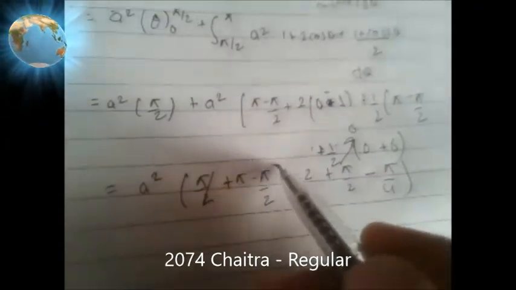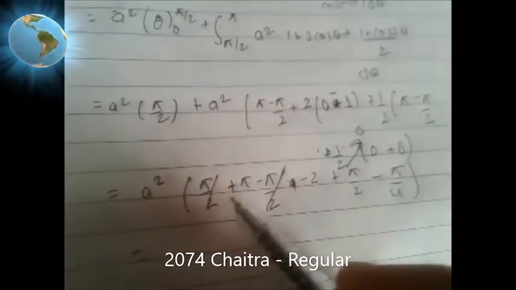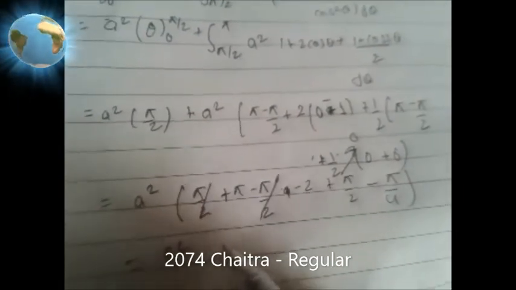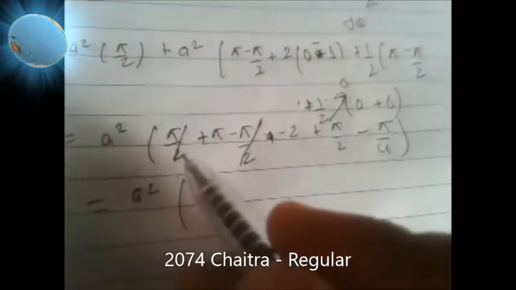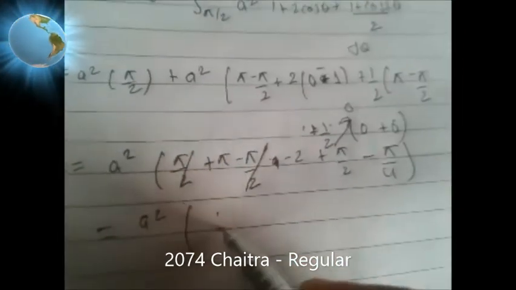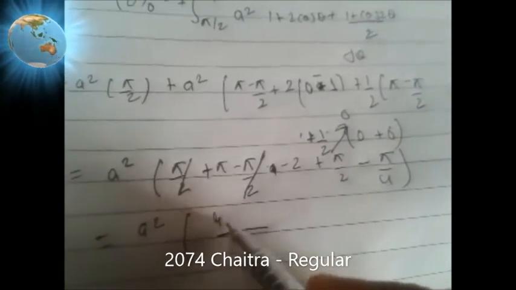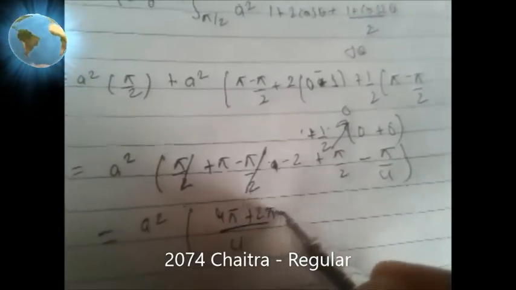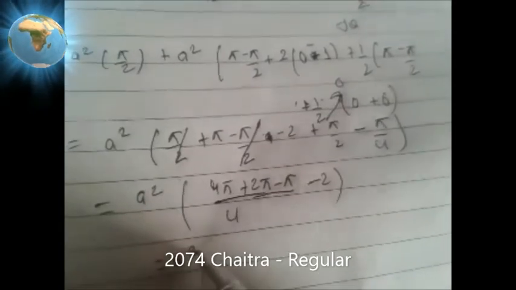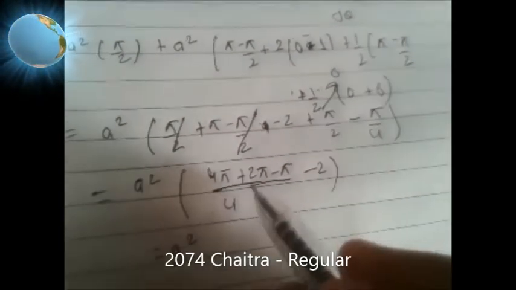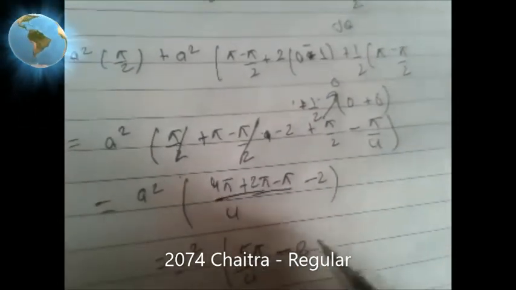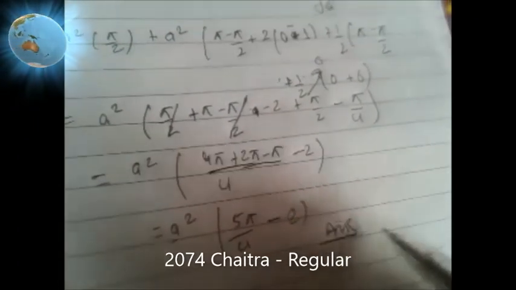Now pi by 2 and pi by 2 cancel, and a square remains. Taking LCM 4, this will be 4 pi plus 2 pi minus pi over 4 minus 2, and this would be a square times (5 pi by 4 minus 2), and this would be our area answer.